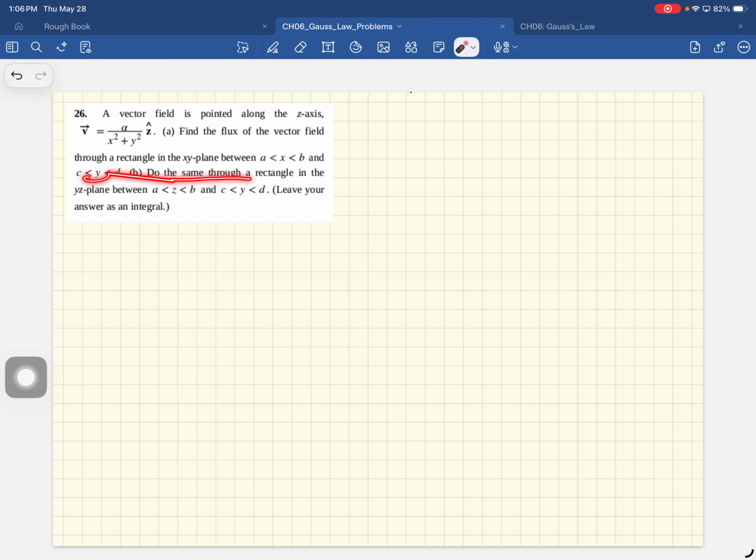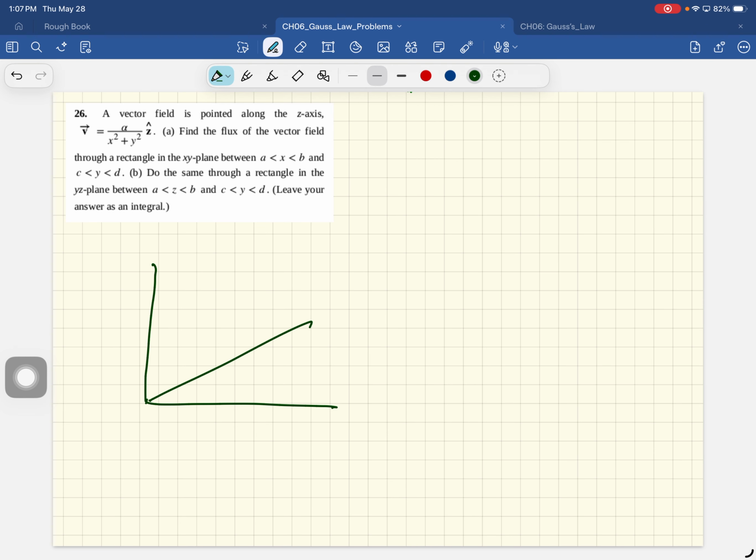So the flux is 3x squared k hat dot dx dy k hat. And x goes from 0 to a, and y goes from 0 to a.